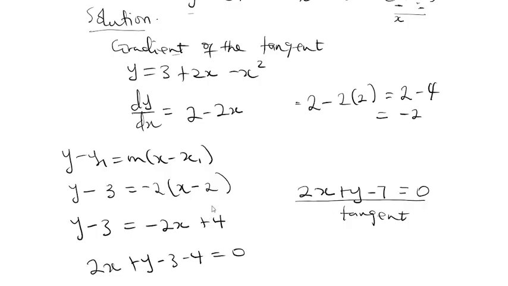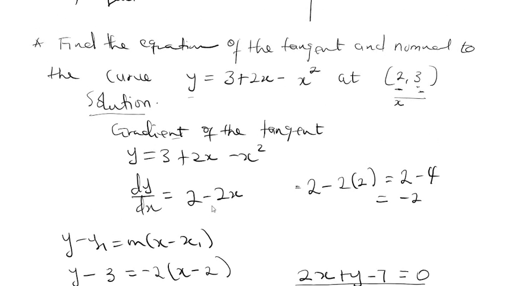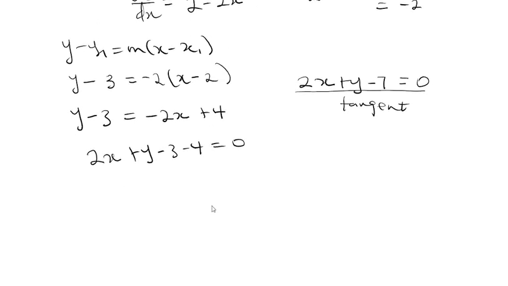Right. Now, the question is asking us to find the equation of the tangent and the normal. We said that to find the equation of the normal, that will be y minus y1 equals negative 1 on m, x minus x1.